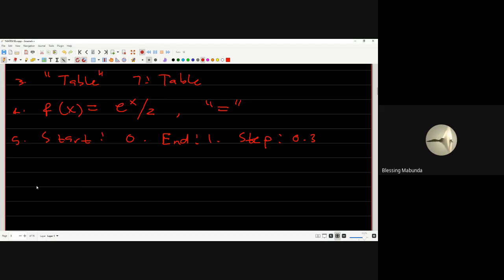The area here, we're going from 0 to 1, and our top function was 2e to the minus x plus x, minus the bottom function, which was e to the x over 2, dx.